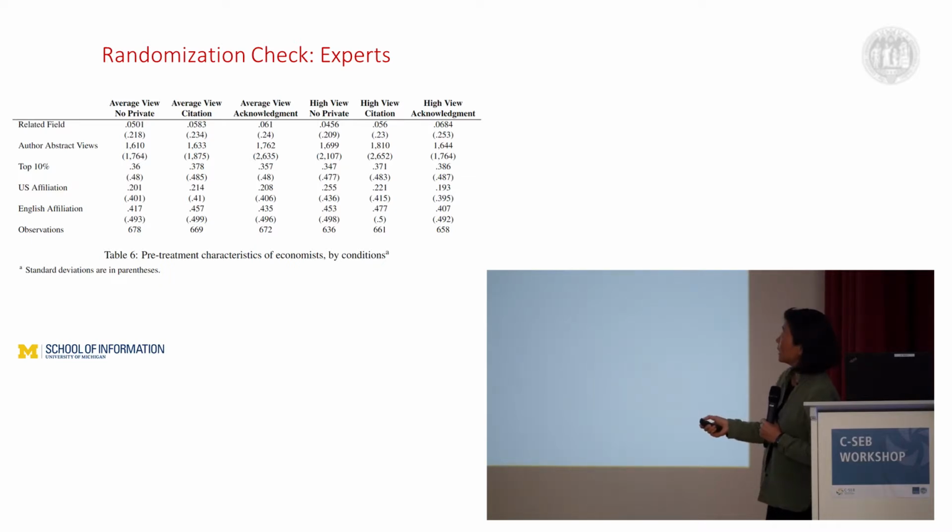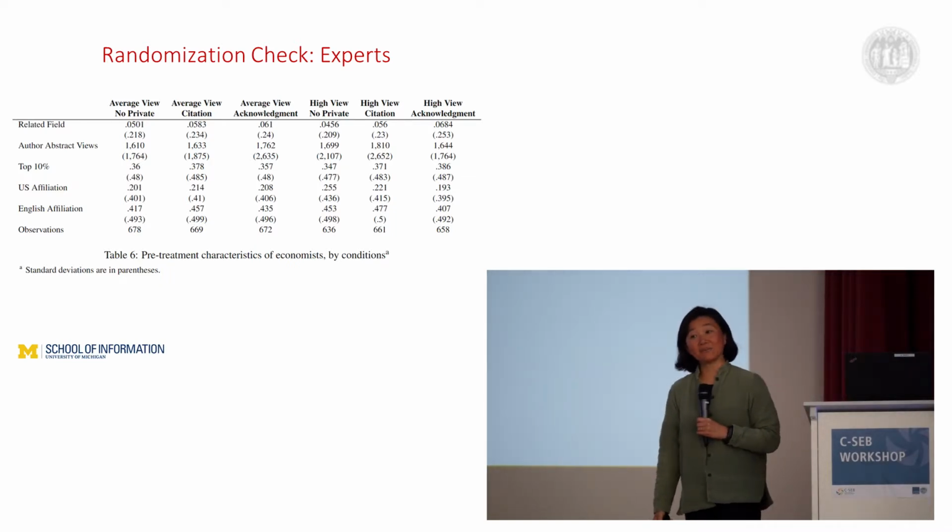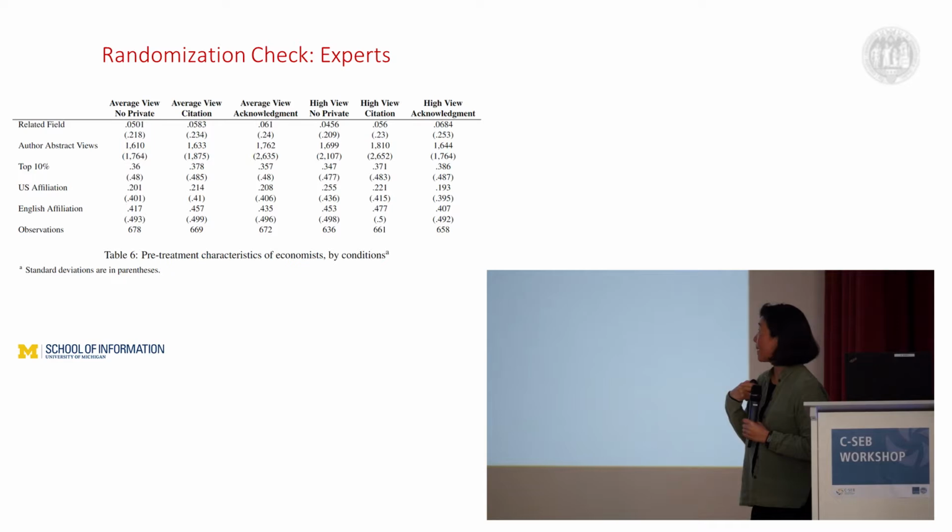I want to point out one variable, which is called related field, and that's behavioral and experimental economics and game theory. That's because I use my real name in sending out the emails. What's good is it's only about 5% of the experts in each of the experimental conditions, so they don't dominate. You see that they respond slightly differently.